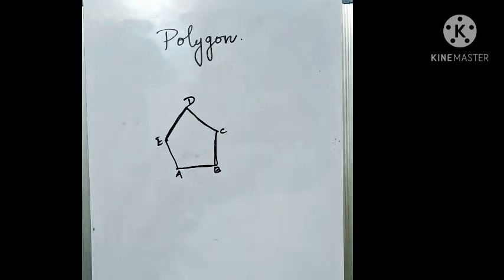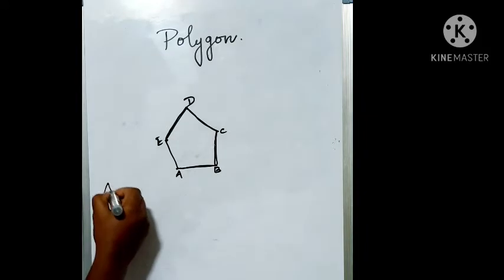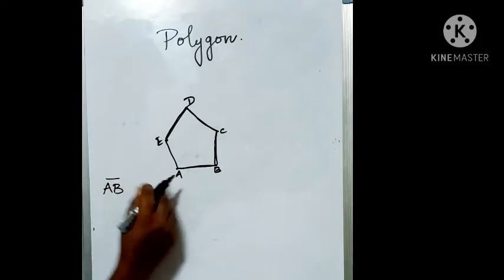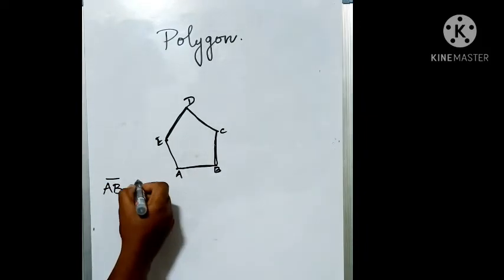If I want a line segment, you want to name the line segment. So how will you name the line segment? I am going to name the line segments now, so you also join along with me. What are the line segments? AB, very good. Next it is BC.